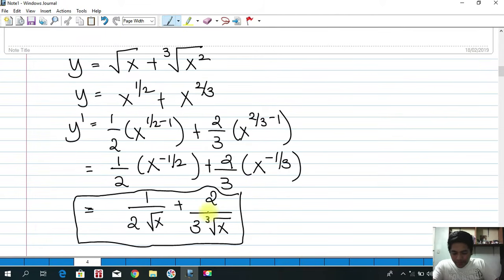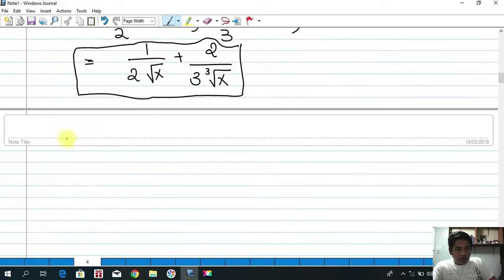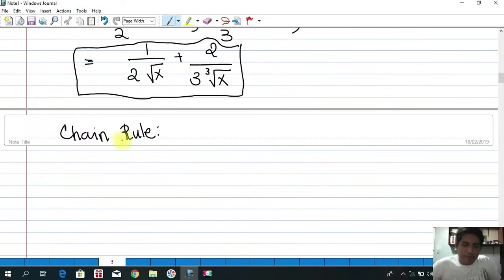Okay, so let's go now to what we call the chain rule. The chain rule has the formula. This is another type of differentiation rule, wherein it is, I would say, more complicated than the other rules. So let's try.